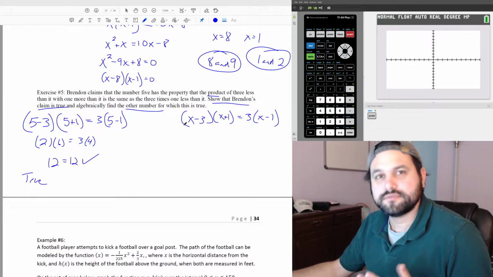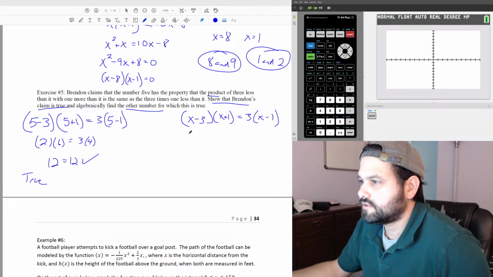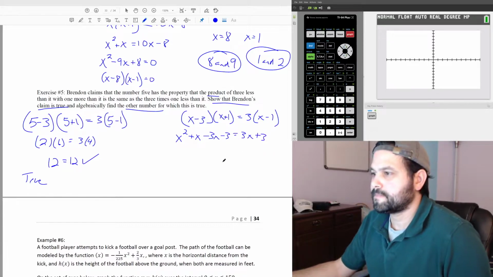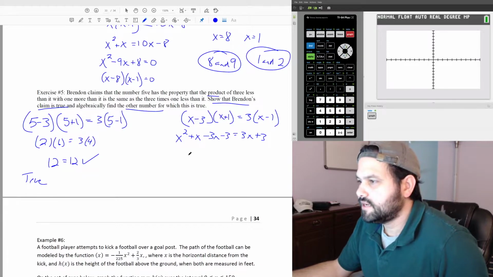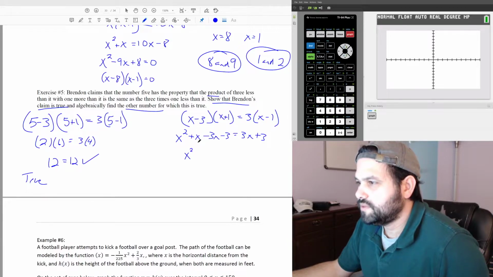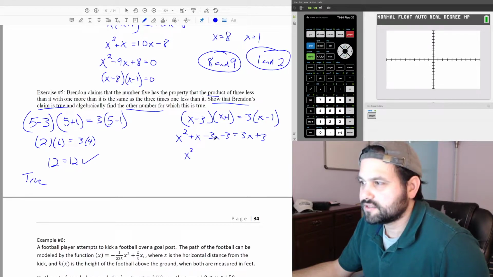Double distribute, set equals 0, factor, solve. x squared plus x minus 3x minus 3 equals 3x plus 3. Combining like terms, setting equal to 0. x minus 3x would be negative 2x, but then I'm going to subtract a 3x, and that's minus 5x.